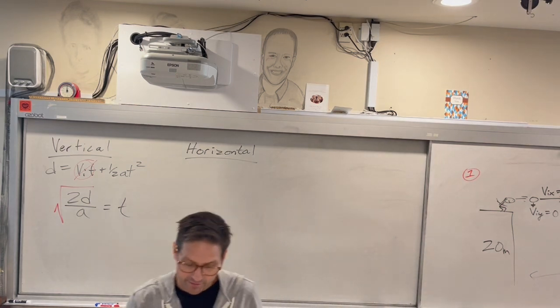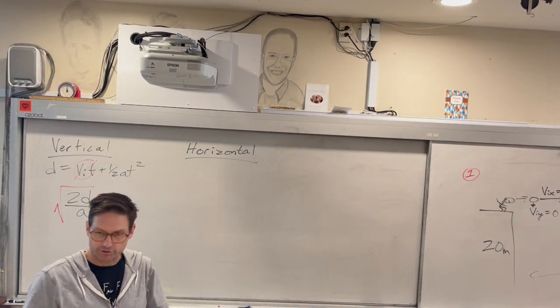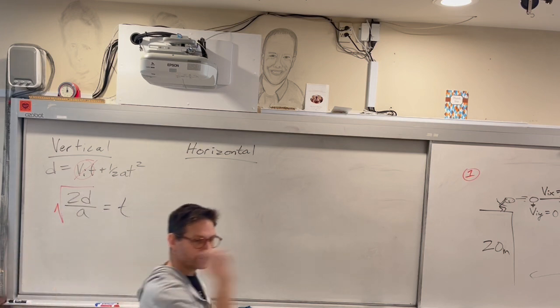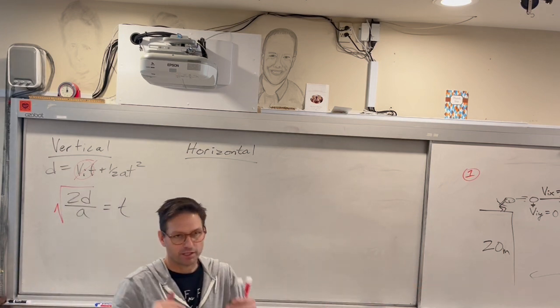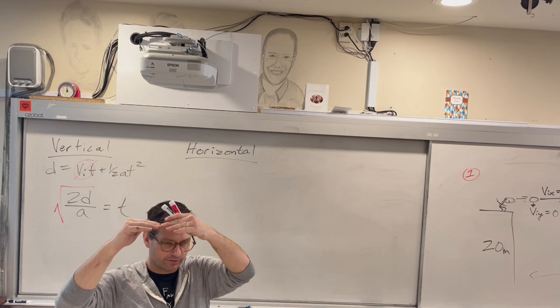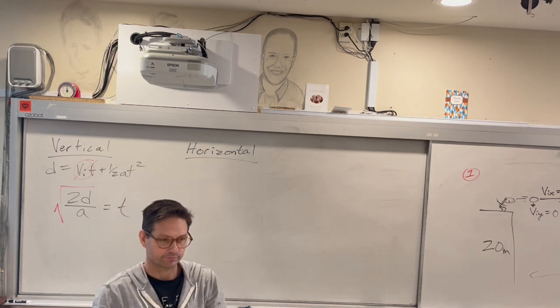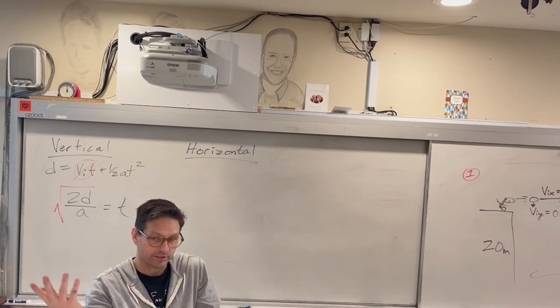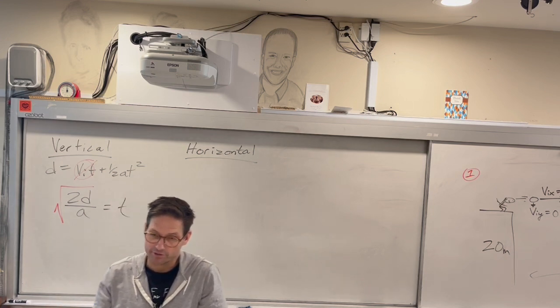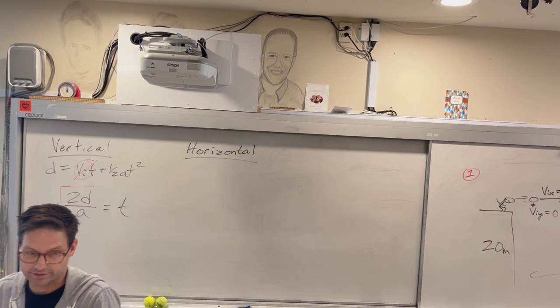That's all you're doing. If you throw something straight horizontally, it will take exactly the same amount of time to fall as if you just dropped it straight down. So VI is 0 and you know your displacement and you're just solving for time. That's it.